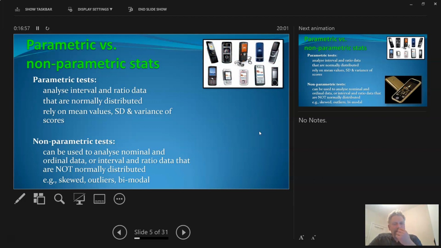And just to give an example of this, we've all got mobile phones, and let's say some people's are worth more than others. Some are the latest iPhone 12s on a contract, might be worth, I don't know, £1,200 or something.